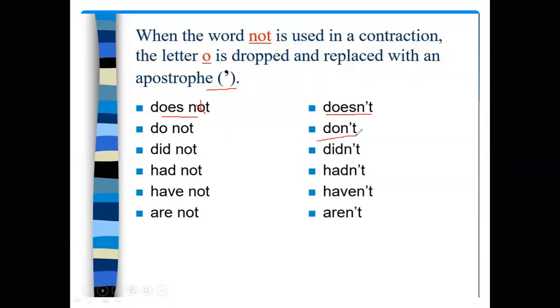Combine them together to be one word with a contraction sign. Did not, didn't. Had not, hadn't. Have not, haven't. Are not, aren't.